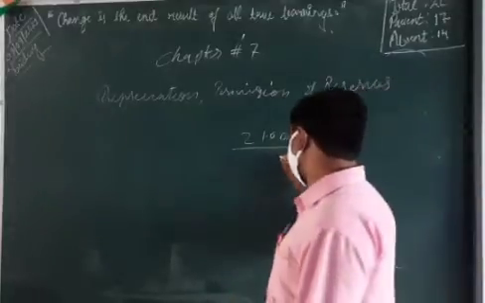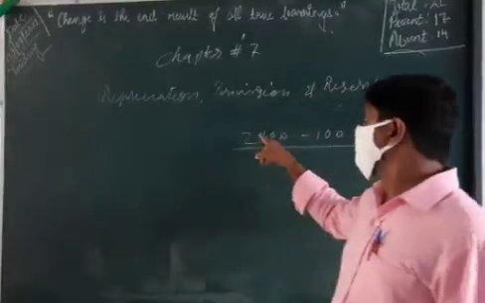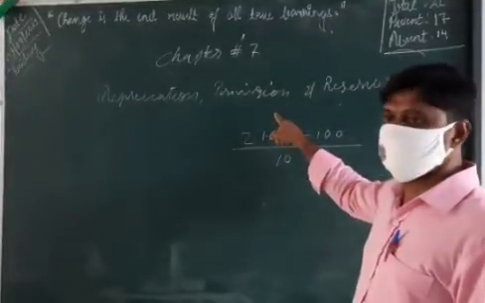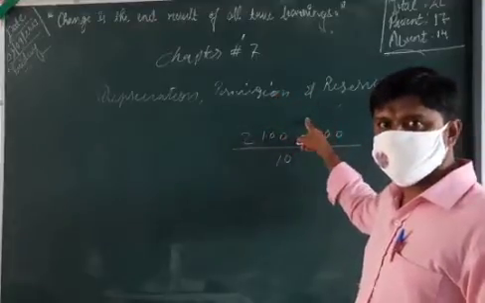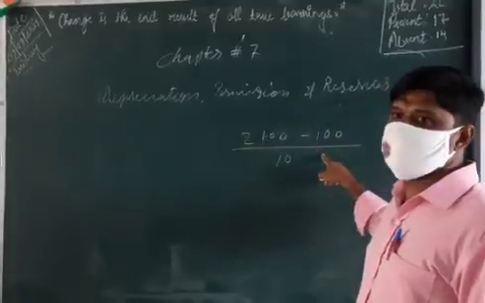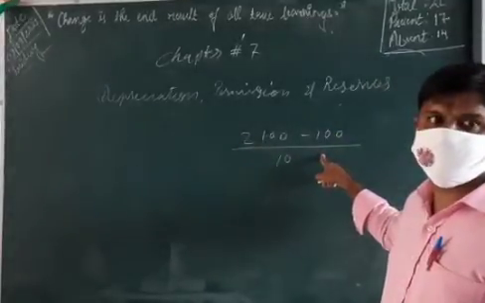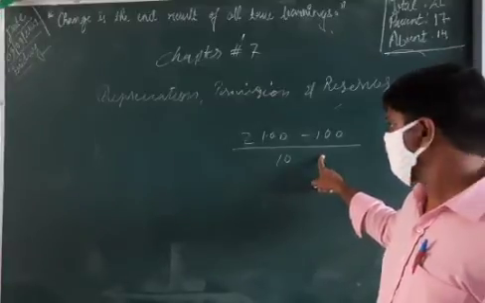And if this board we assume we can use for 10 years, that is the number of years, 10 years. That means the formula is cost of asset minus net residual value upon number of estimated years. Clear now? This is a formula.